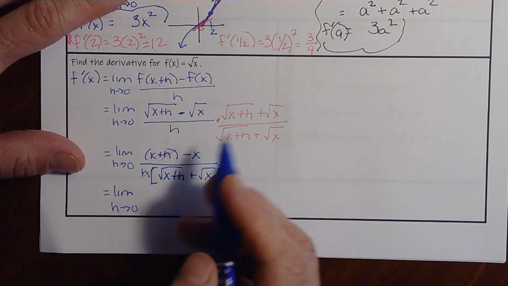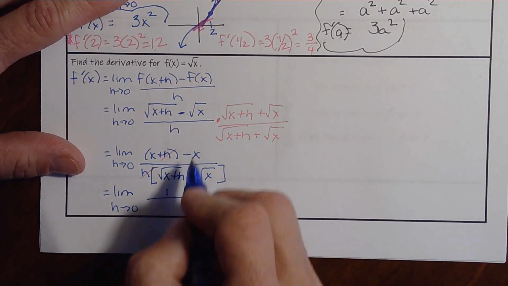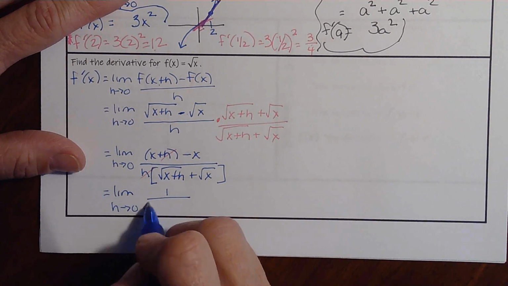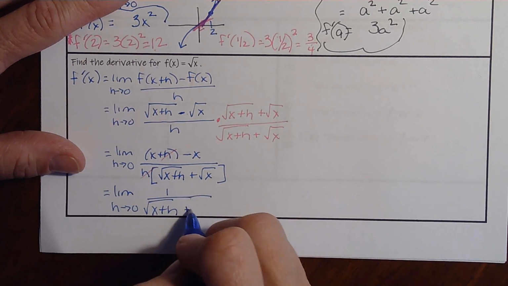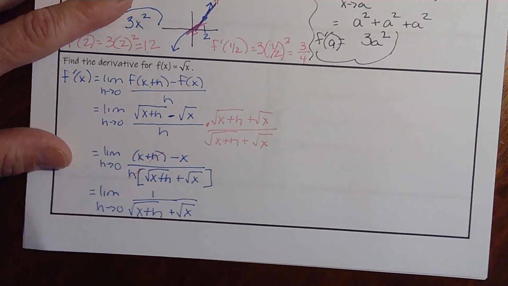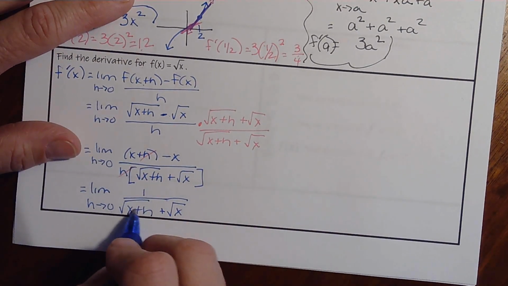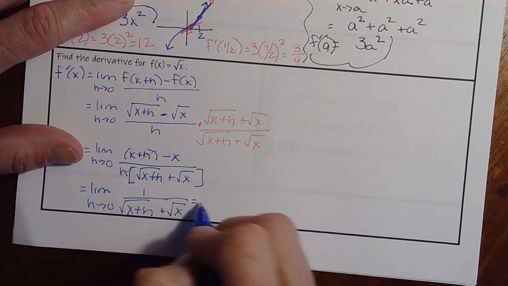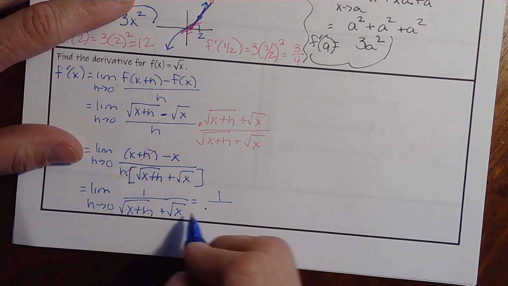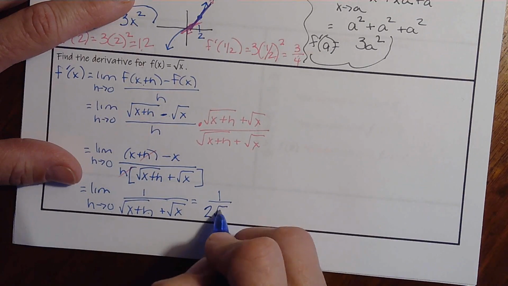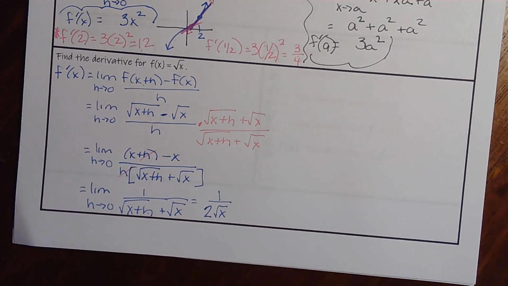What you're left with in the numerator is a 1. So I have 1 over the square root of x plus h plus the square root of x. And when I substitute 0 now for h, I ultimately end up with 1 over the square root of x plus the square root of x, which is 2 square root x. Okay.